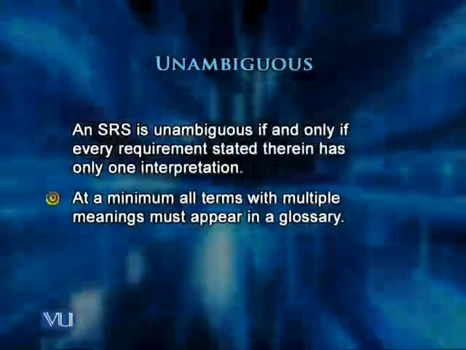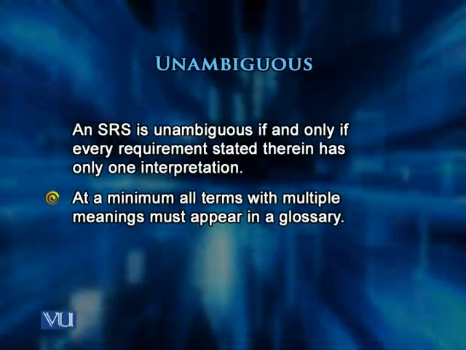Also part of the ambiguity-free set of requirements is that at a minimum, all terms with multiple meanings must appear in a glossary. So wherever there is a possibility of ambiguity creeping into the requirement set or into the SRS, that terminology should be defined in the glossary.